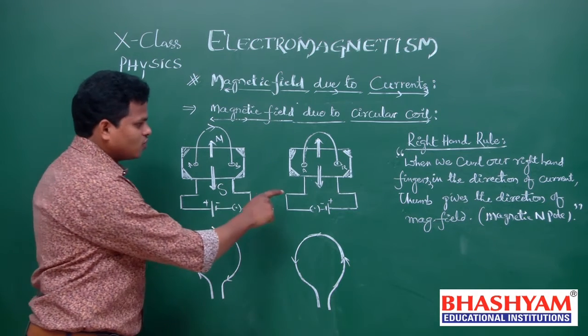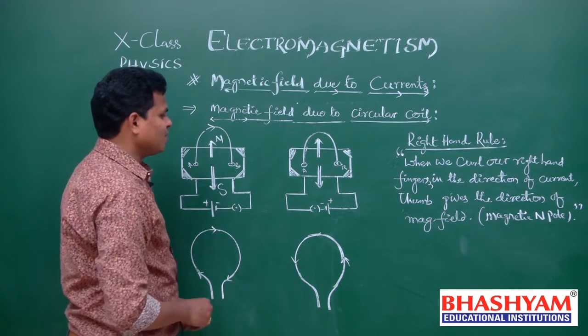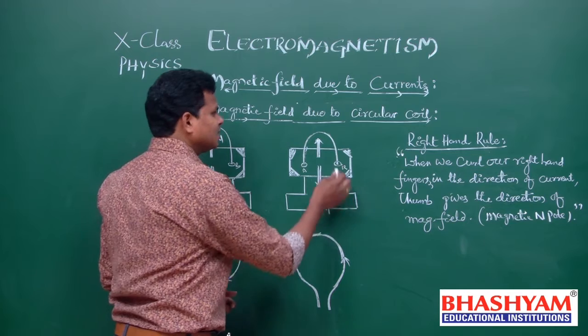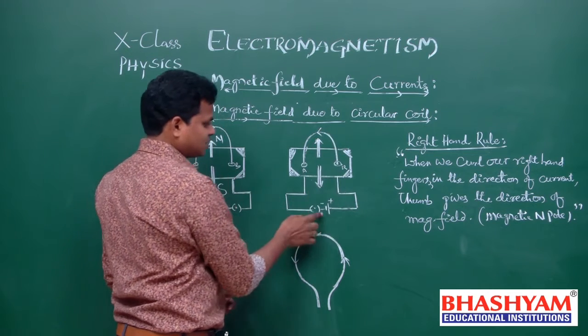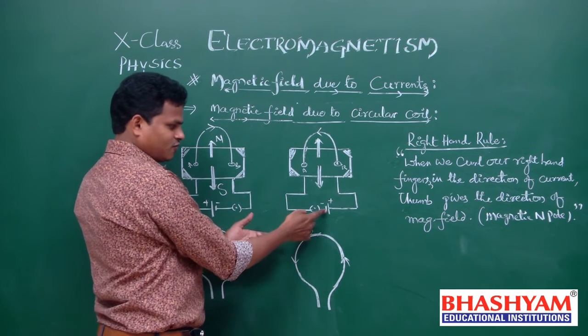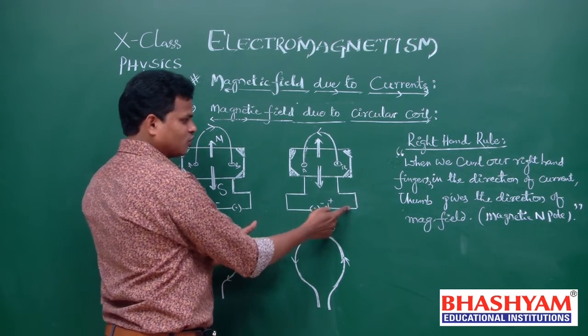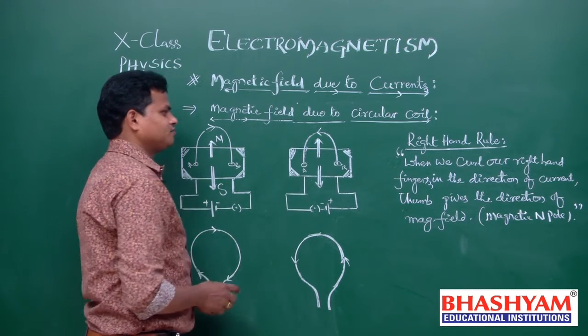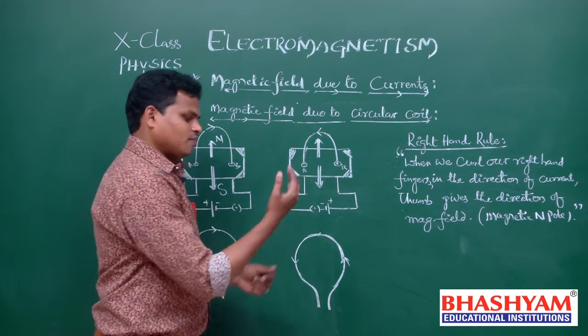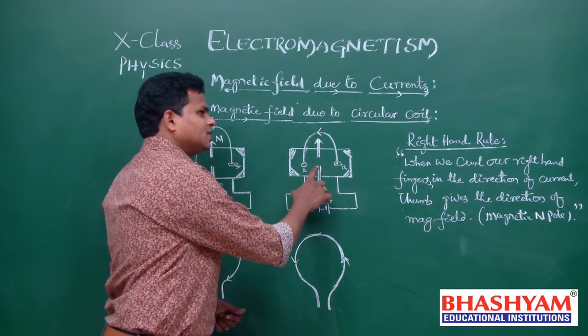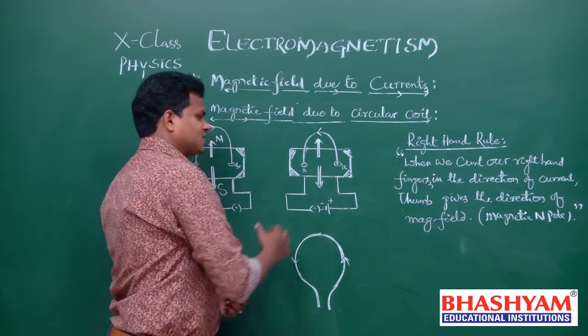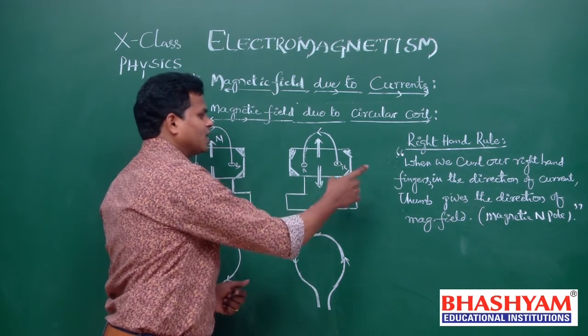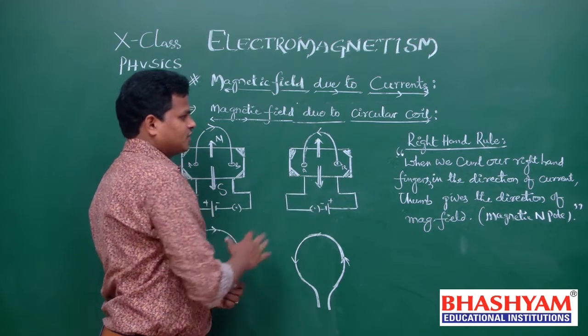Okay. Now, in this case, for example, the current passes anti-clockwise. You know that current passes from the positive terminal to the negative terminal. This is the direction of current. Now, what is the magnetic field direction? By using the right hand rule, you can find the direction of the magnetic field for this situation.